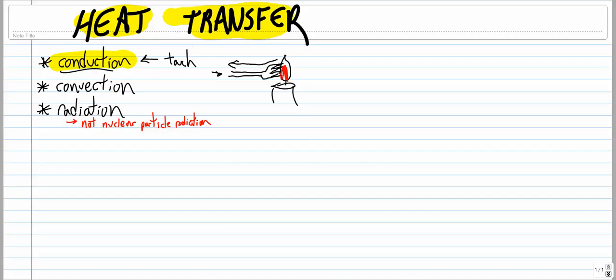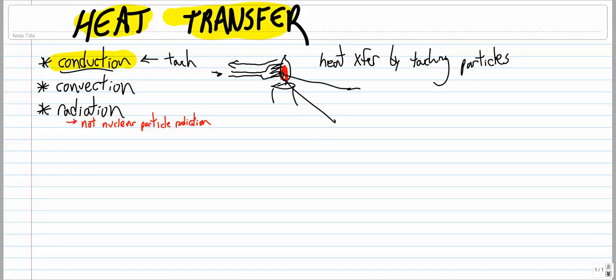So a definition for conduction is heat transfer by touching particles. Okay, so on a more microscopic view, if we could blow this up, if we could make this look bigger here, we would see these metal atoms in here.